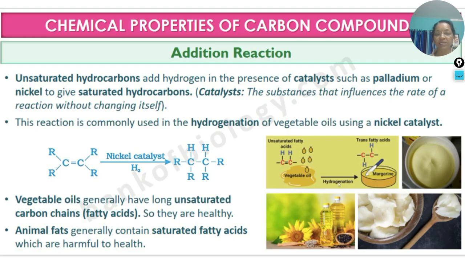So that is the importance of this addition reaction. They are used to make artificial butters. And vegetable oils are usually unsaturated, so they are supposed to be healthy, whereas animal fats generally contain saturated fatty acids, so they are supposed to be unhealthy for human beings. So that is addition reaction, preparation of artificial butter by hydrogenation of unsaturated vegetable oils.